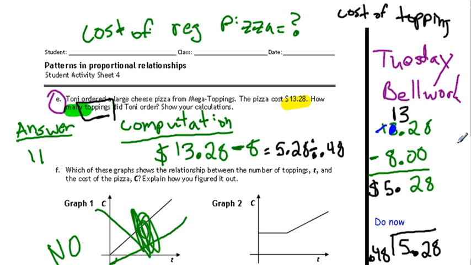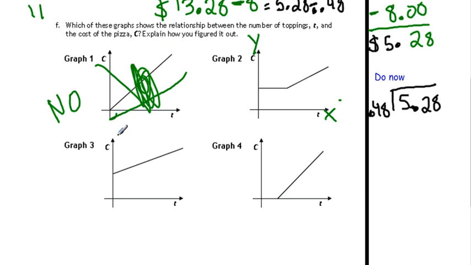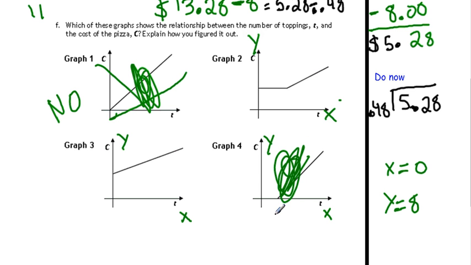Let's look at this. This is our y, this is our x, and we know x equals 0 and y equals 8. So it's either this one or this one. Which one can it be? It has to be graph number 3.